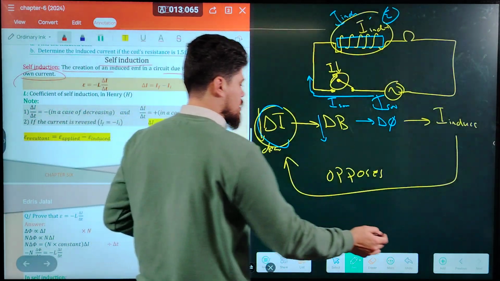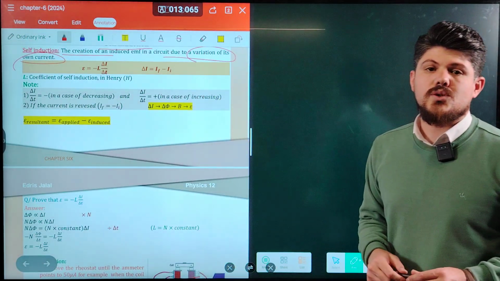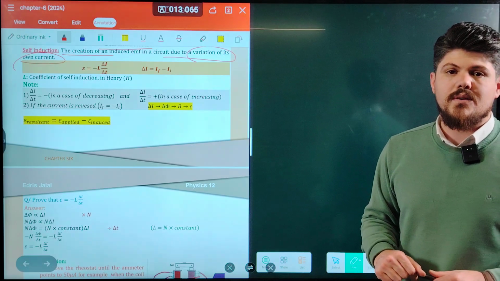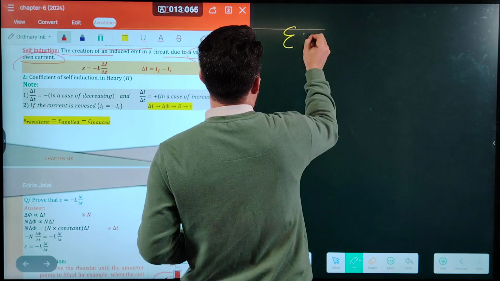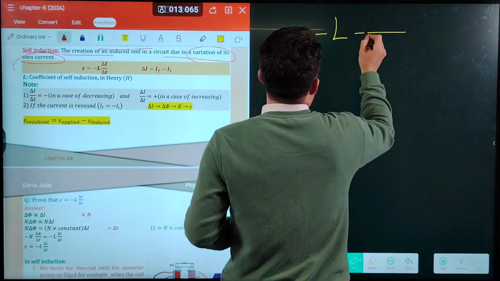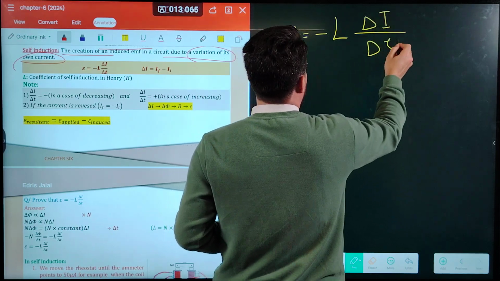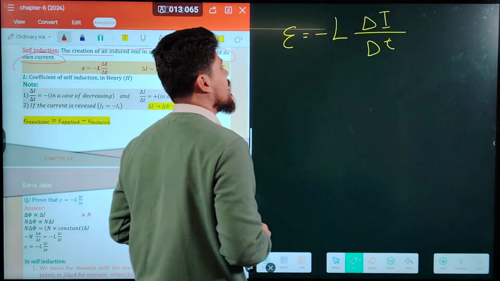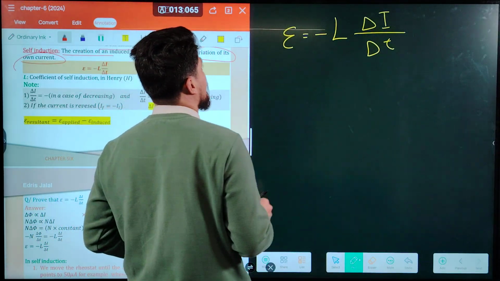Okay, this is self-induction. And how can you determine the induced EMF in a self-induction? EMF is equal to negative L delta I over delta t, and instead of N we have L. The creation of the induced EMF and induced current is due to the variation of the current, not the magnetic field.